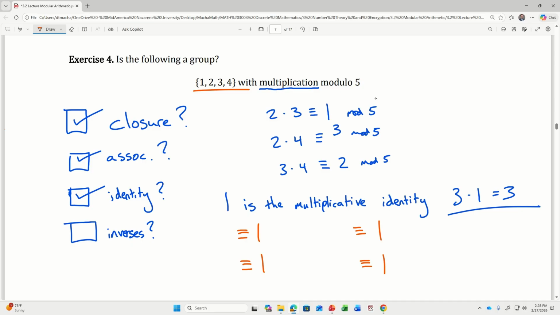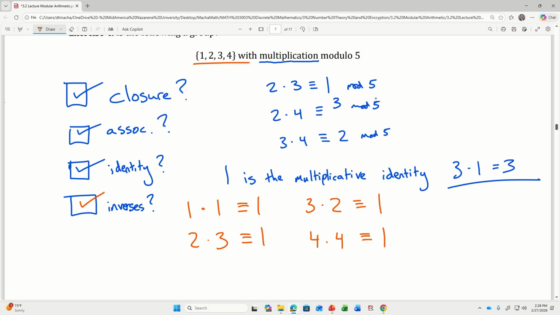So 1 times what is congruent to 1? 1. 2 times what is congruent to 1? 3. 3 times what is congruent to 1? 2. And 4 times what is congruent to 1? 4. So we have inverses. 1 and 4 are self-inverse. 2 and 3 are a pair of inverses.